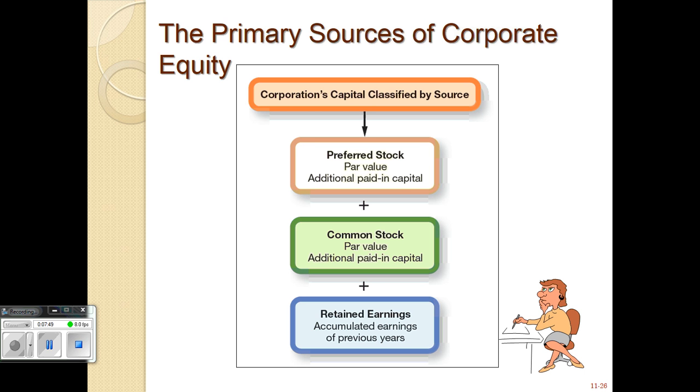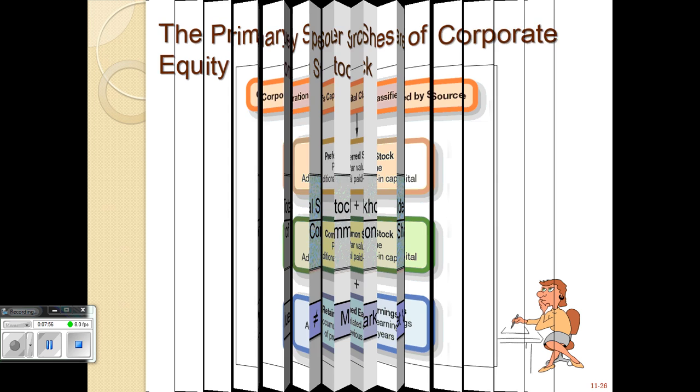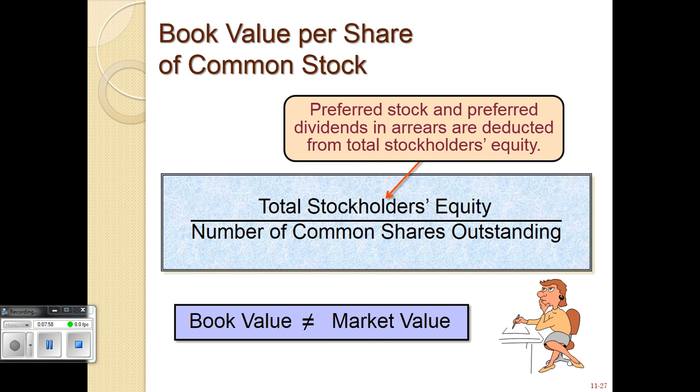A lot of banks have a lot of preferred stocks that are variable as far as their par value in addition and their dividends. The book value for common shares, okay, is we take the total stockholders' equity and then we subtract the preferred stock and preferred dividends in arrears are deducted, okay.